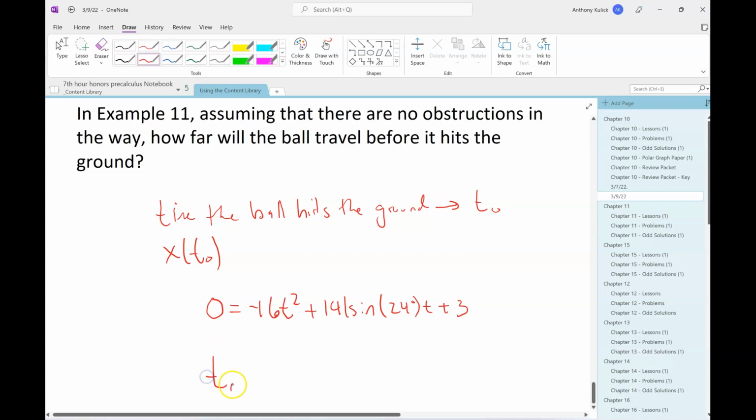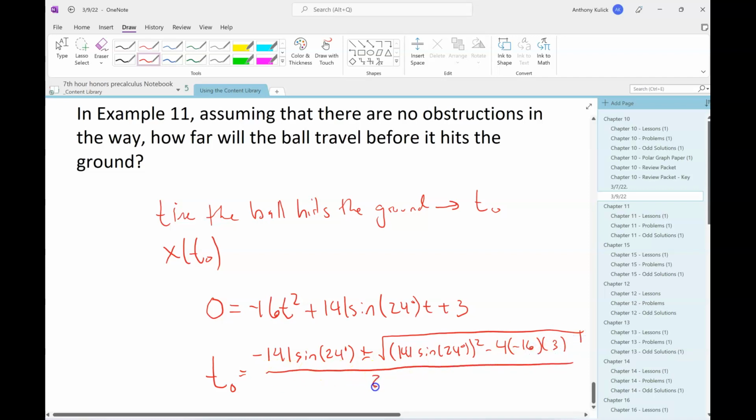Okay, so T0 is going to equal negative b plus or minus the square root of b squared minus 4 times a times c, all over 2 times a.